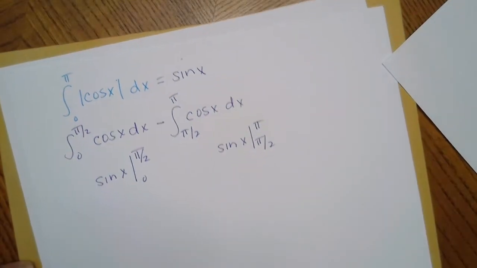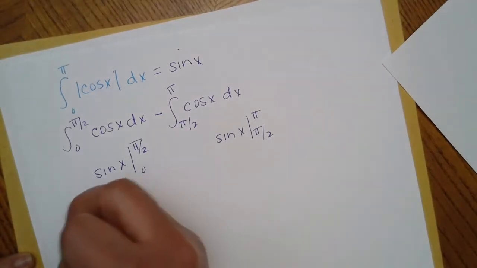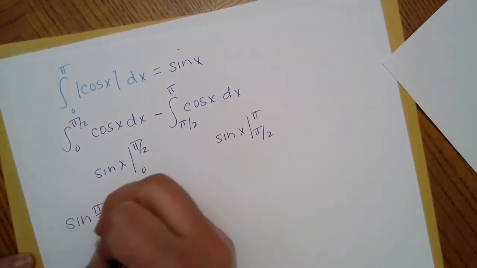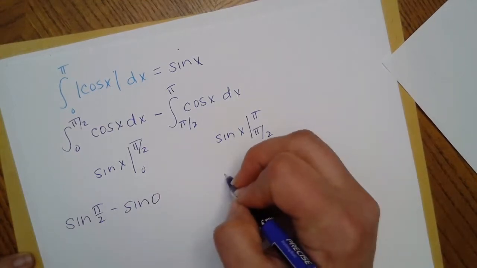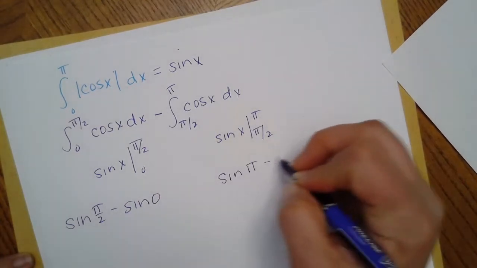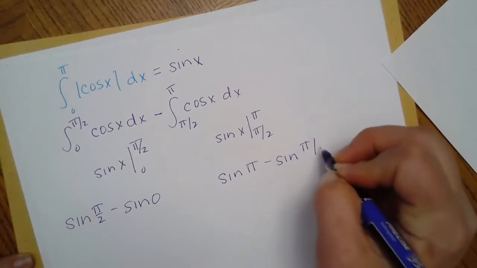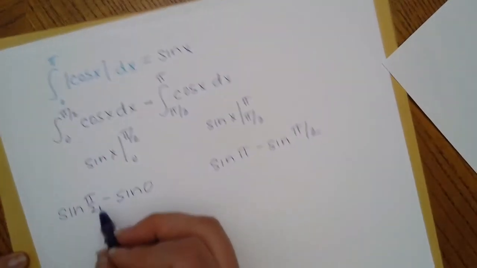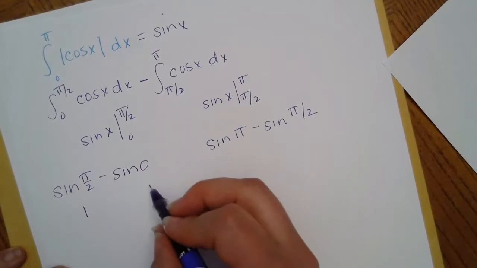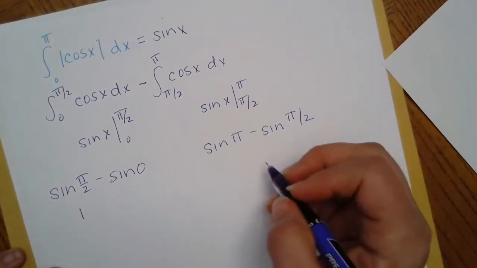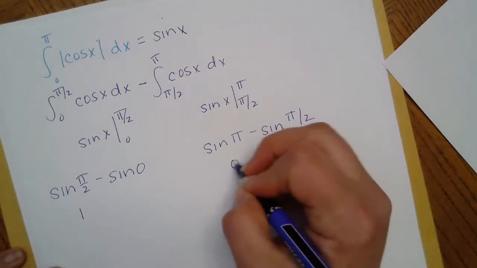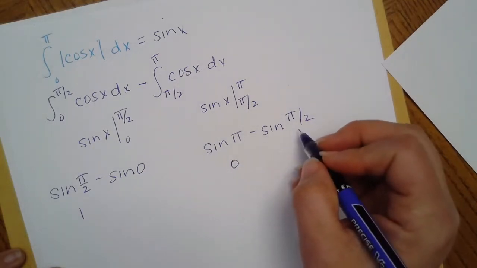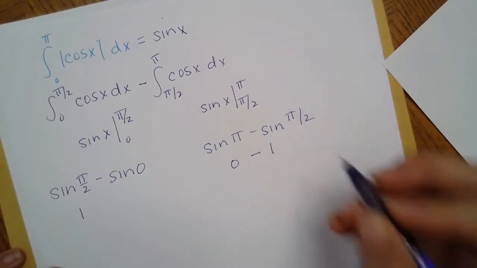All right, so I'll write it out here. The sine of pi over 2 minus the sine of 0, and then over here, we have the sine of pi minus the sine of pi over 2. The sine of pi over 2 is 1. The sine of 0 is 0, so this becomes 1. And then over here, I get the sine of pi, which is 0, and then this is 1 as well, so I get 0 minus 1.